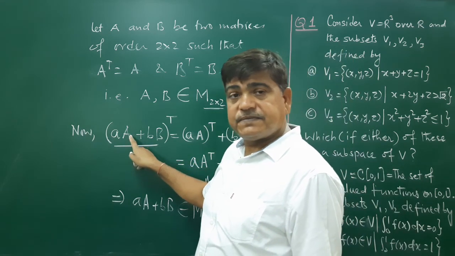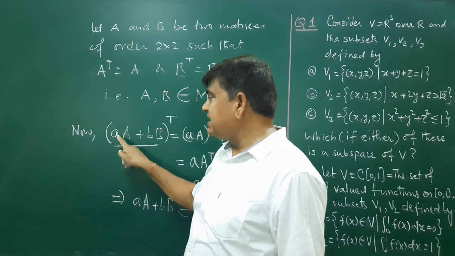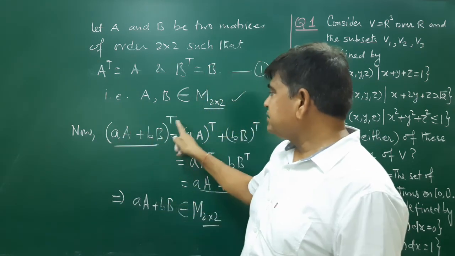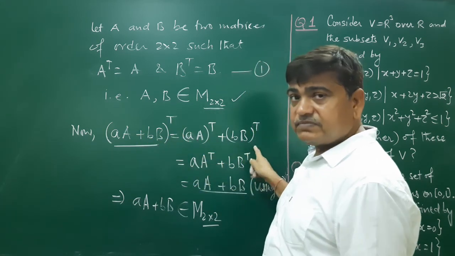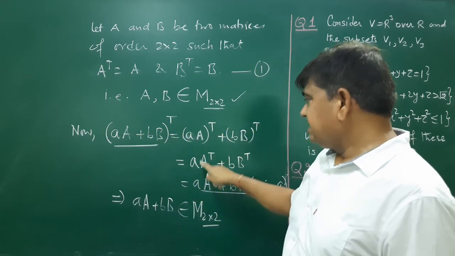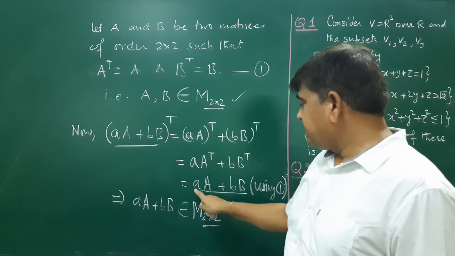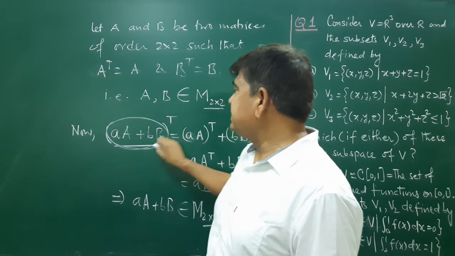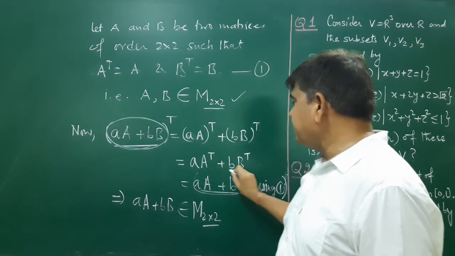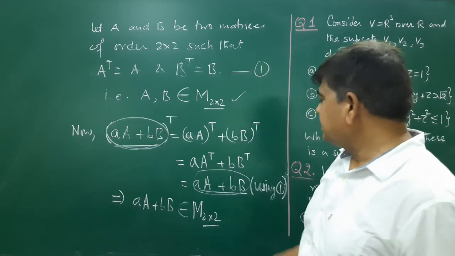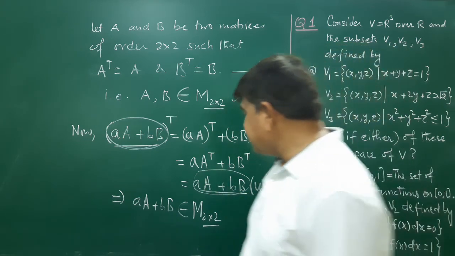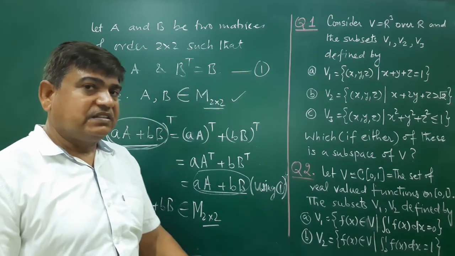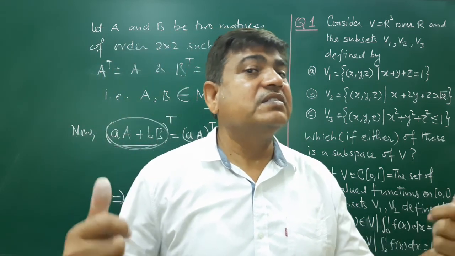If matrix A is multiplied by a scalar component-wise, then again this is a matrix, and the transpose of this is equal to this. This is the property. If I say this is P, then transpose of P equals P. That means P itself is a symmetric matrix, so this belongs to M 2 by 2, because this set has the collection of those matrices which are symmetric.